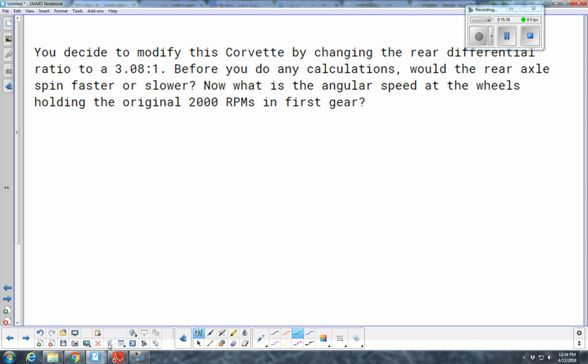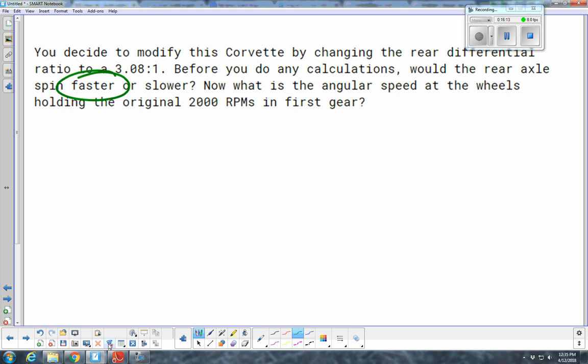So when you have a bigger number as your gear ratio, do you get more turns or less turns per engine rotation? You get less. So when you put a lower gear ratio, a 3.08, into your differential from a 3.42, it's going to turn faster. It's closer to the engine speed now, closer to that 1-to-1 versus being big. So let's look at the math and see if it works out.